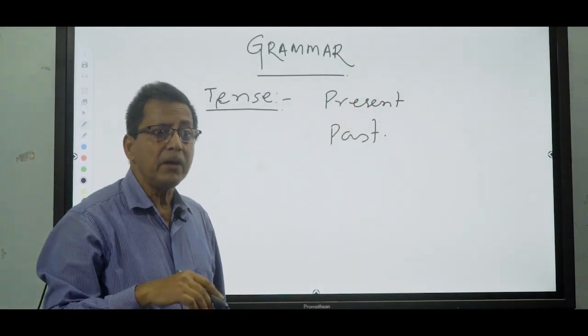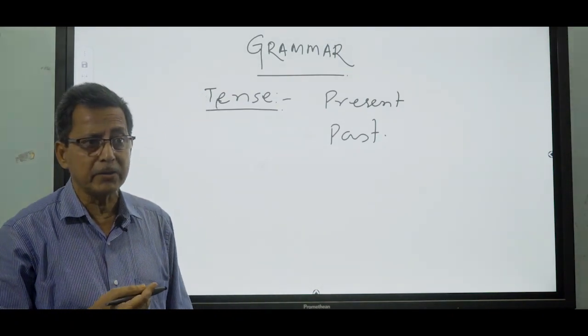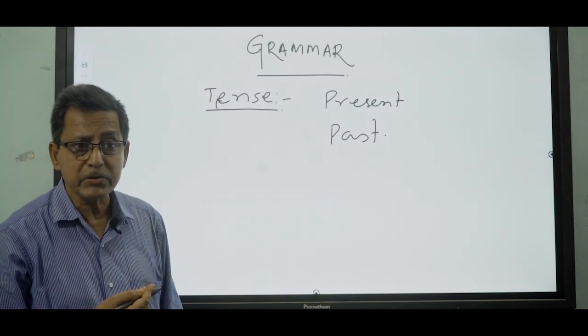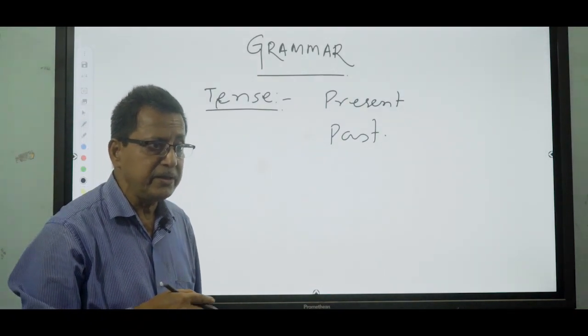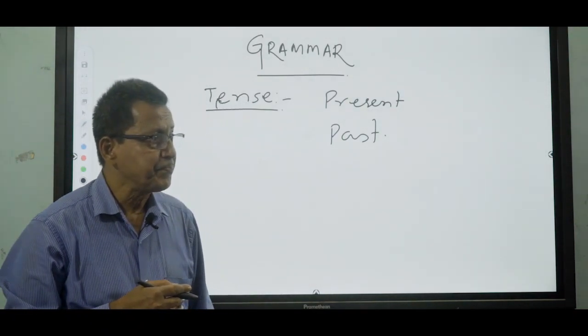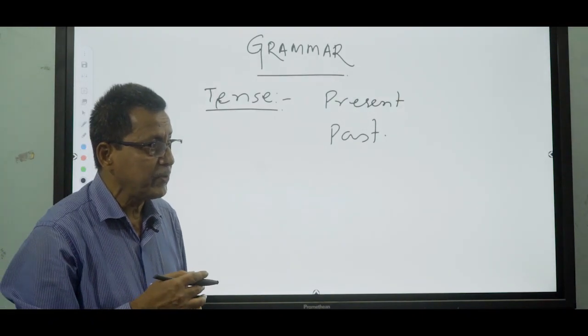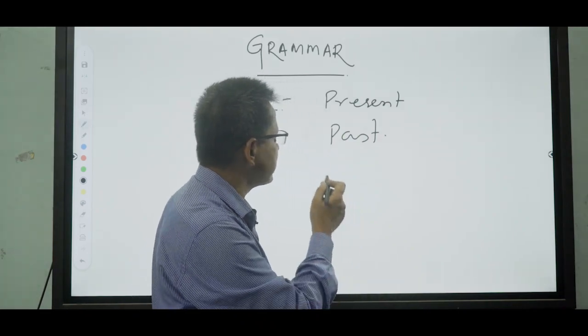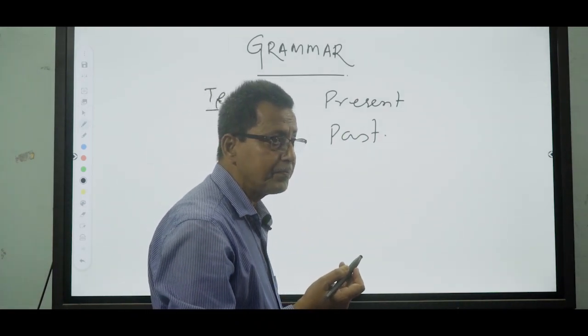Now, the question will naturally be in your mind, what about future tense? Is there no future tense? In English exactly, there are only two tenses, present and past. Future cannot be.